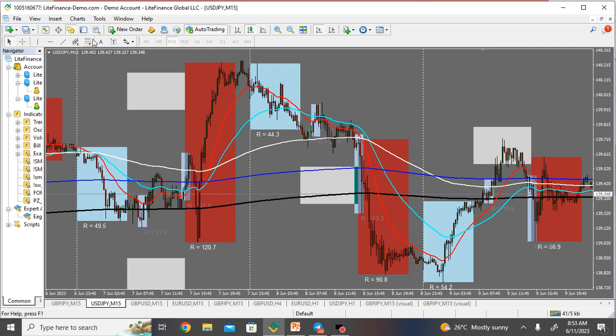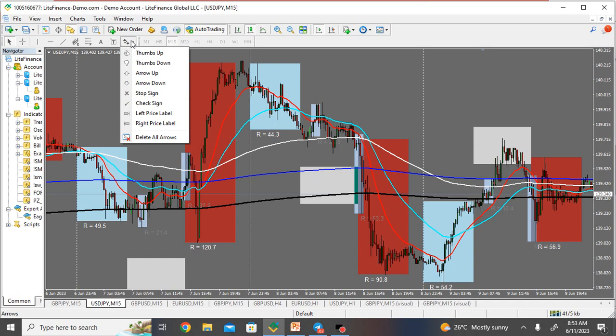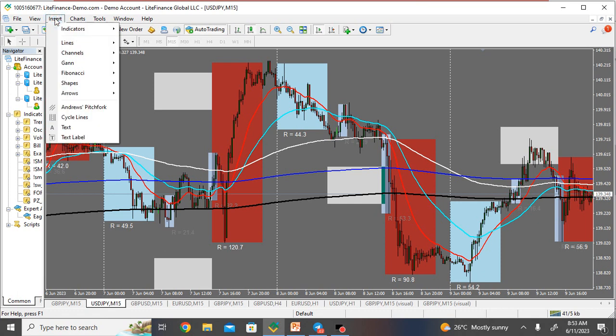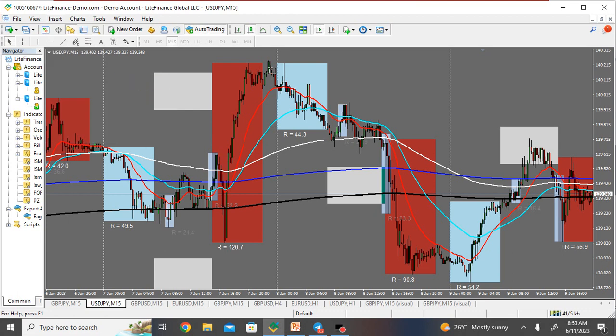Let me draw it in a way that you can see, inside shapes. Yes, so this is an Asian session.